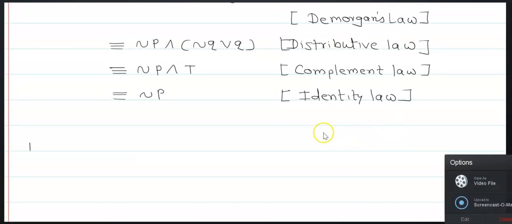And next is negation of P and T. It depends on the negation of P. Therefore it is an identity law.